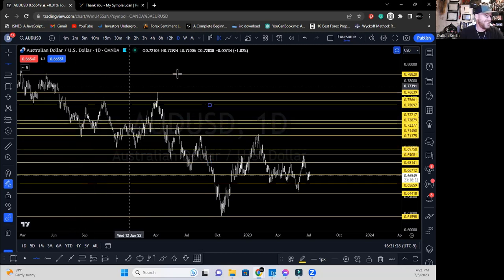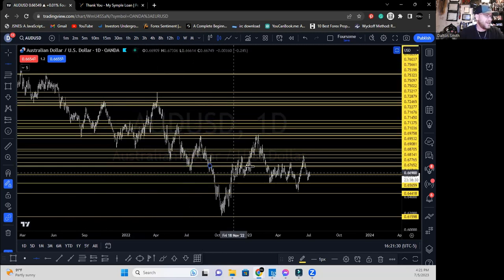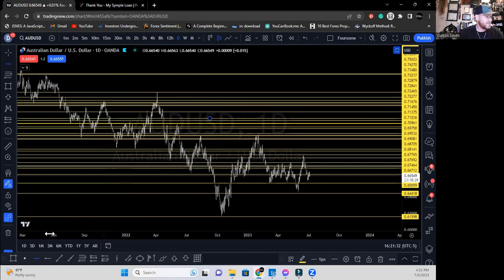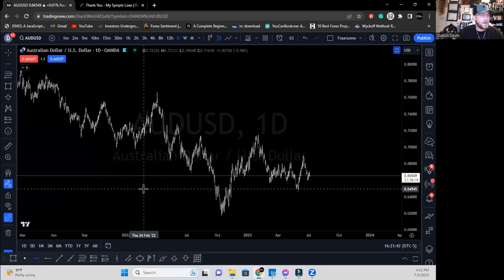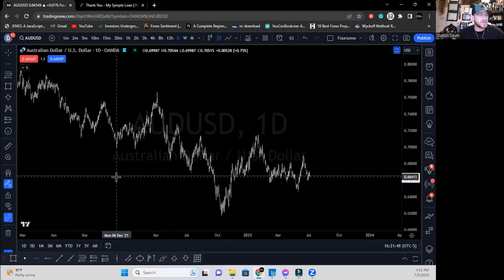Look at all the support and resistance. It's crazy. Guys, seriously though. Structure has a lot to do with support and resistance, but support and resistance is just something that's thrown out there, and it's not really explained, okay?